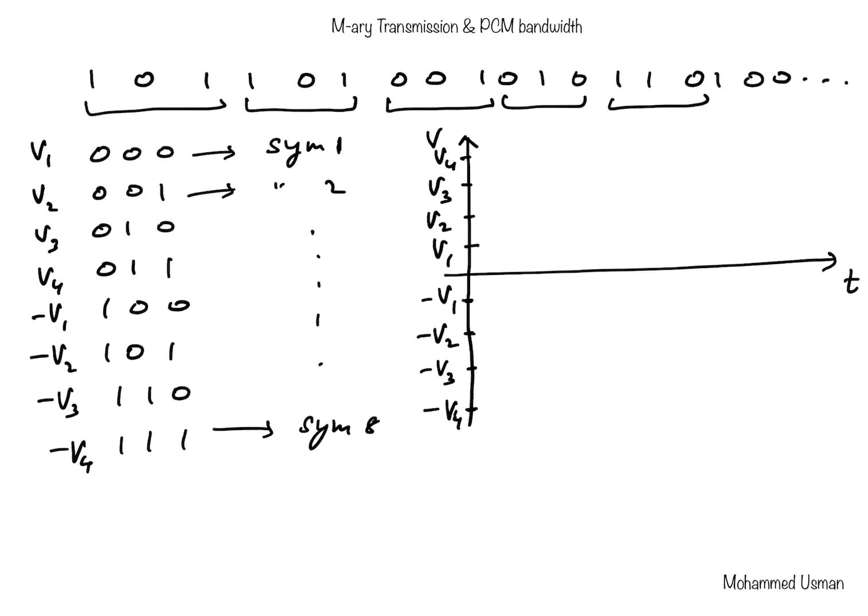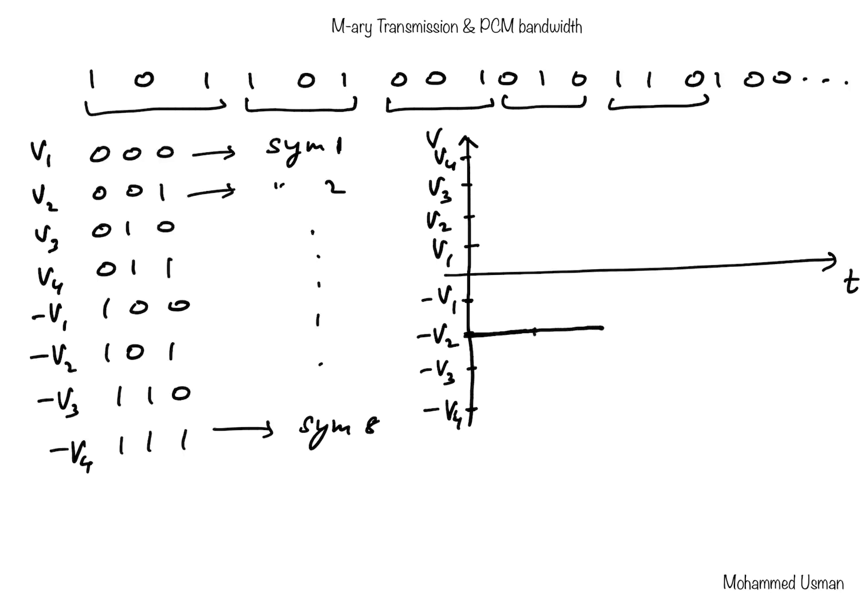So the first symbol that we have is 101. So 101 is assigned to minus V2. So the first voltage level would be minus V2. And then we have again 101, so it would again be minus V2.